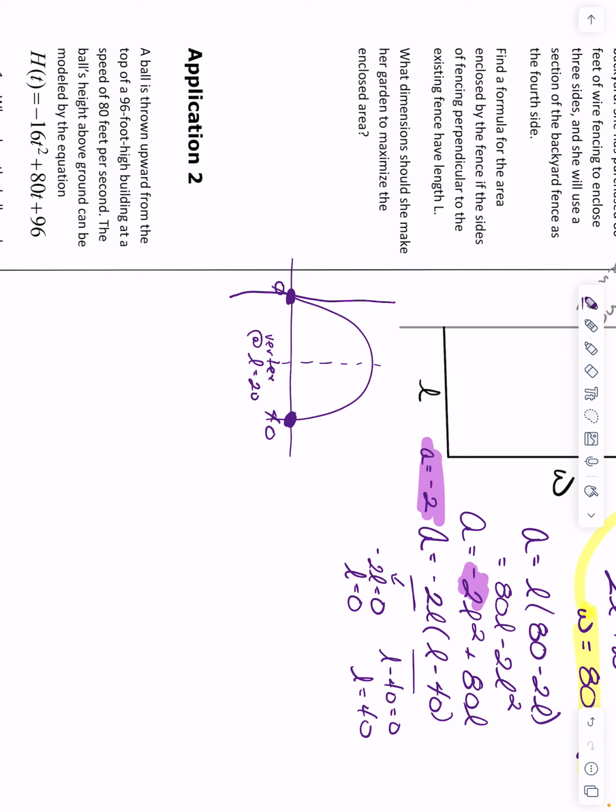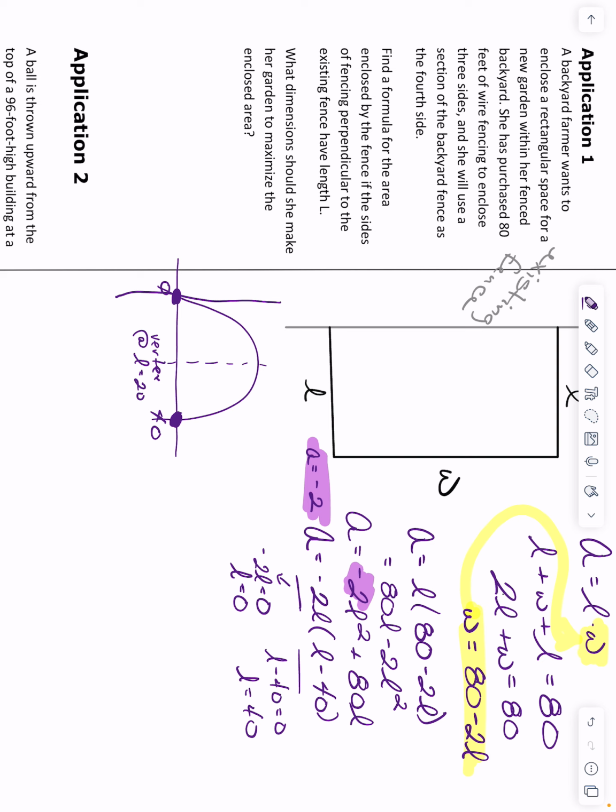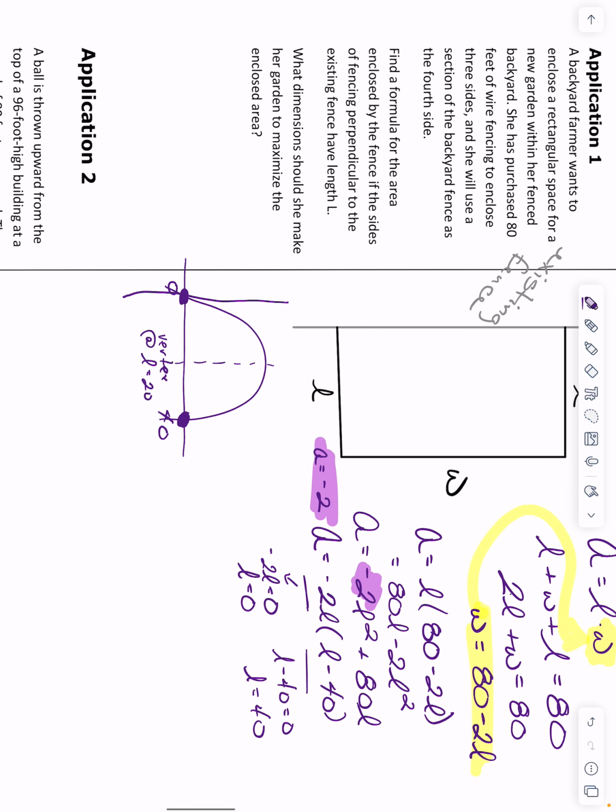Well, notice here in the problem, they don't ask us to find the maximum area, just what the dimensions have to be to give us that. So I know that the maximum area is found when my length is 20. I have two lengths of 20 in my 80 feet. So that means my width is 40.